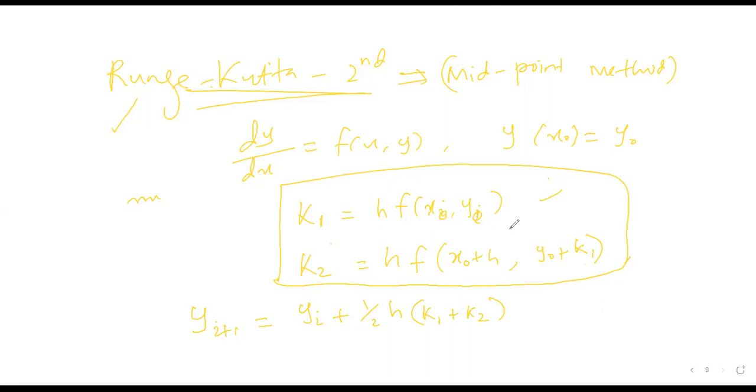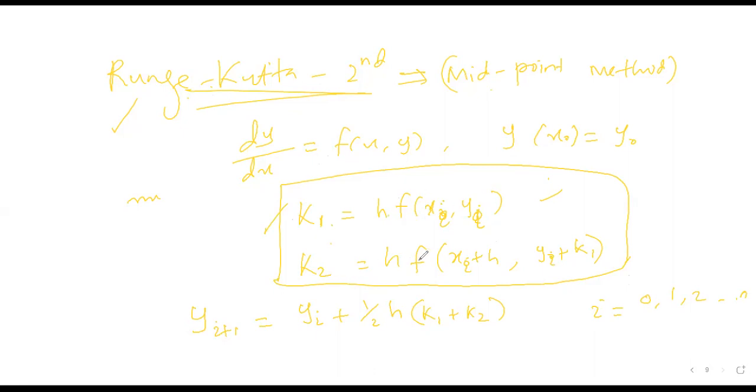Sometimes this may be i, okay? i will be 0, 1, 2, going up to n. So you can change this one also. So for Runge-Kutta's second order method, also called the midpoint method, K1 is fixed, whatever h times f.